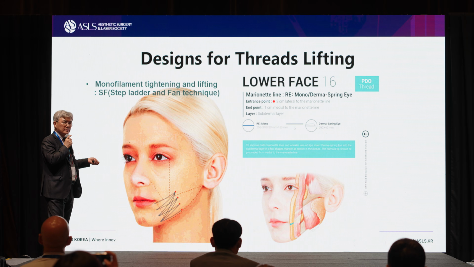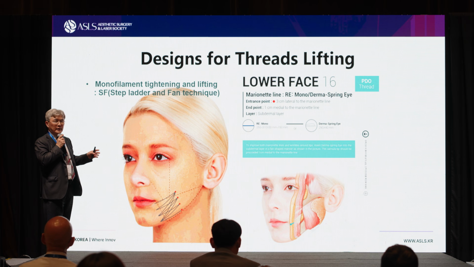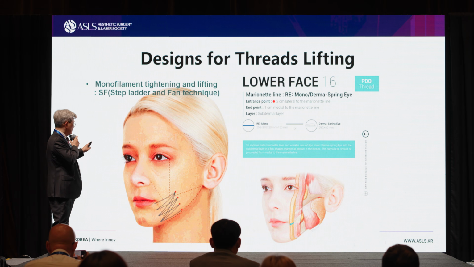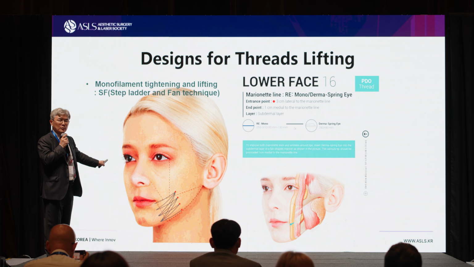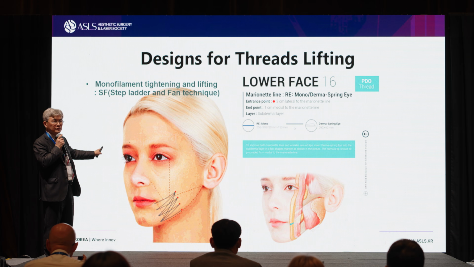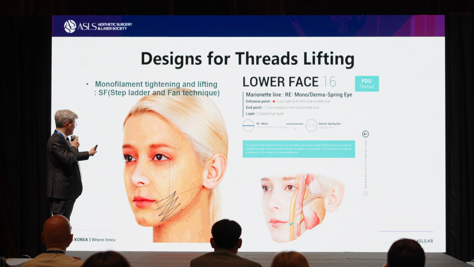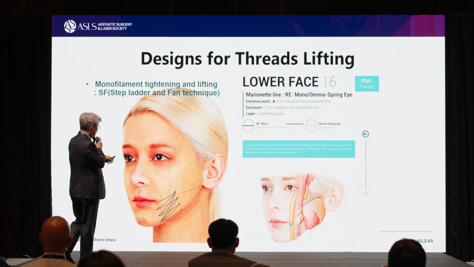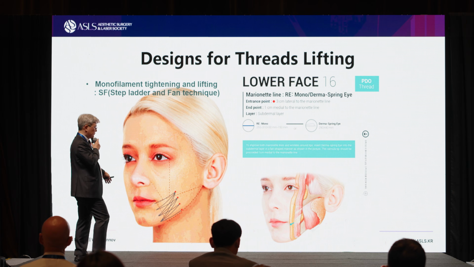And the other is a very simple and effective technique for the nasolabial fold and the jaw. I usually use Dermaspring Eye. This is a monofilament PDO thread. This monofilament PDO thread is inserted with a fanning technique.